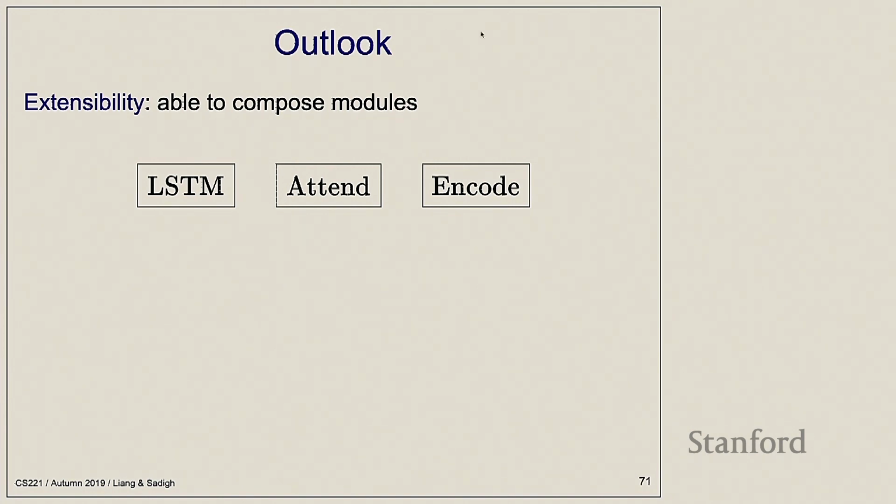You have your building blocks: LSTM, attention, encoding, and you can decide, oh, I want to run this LSTM here and this LSTM here, and then I want this one to attend over this one, and then I'm going to concatenate the result with the output of this CNN. And because of the magic of backpropagation, you can combine these things.